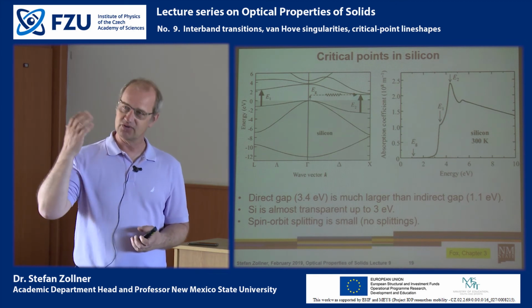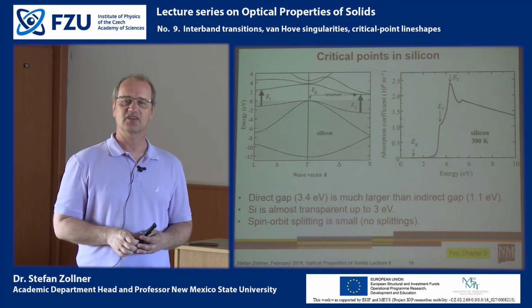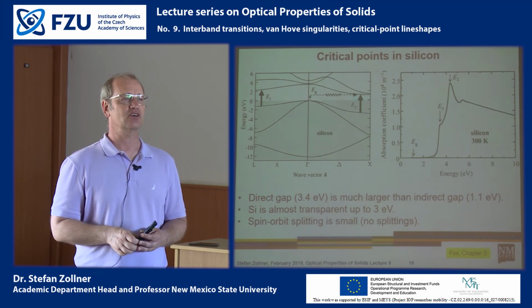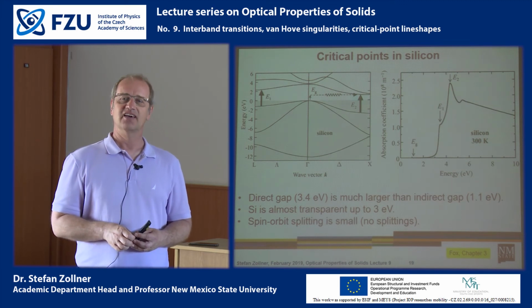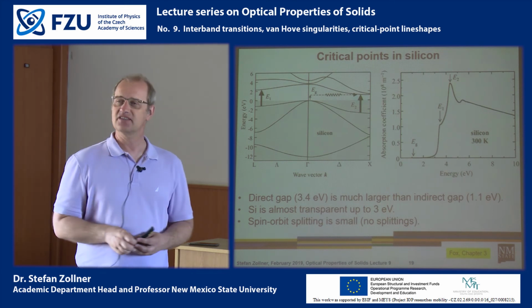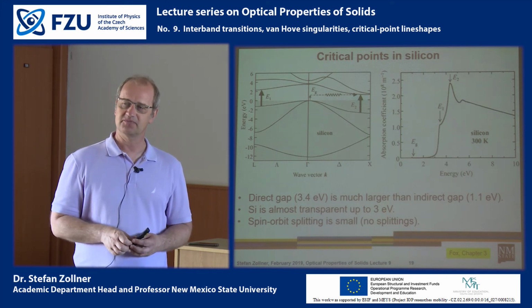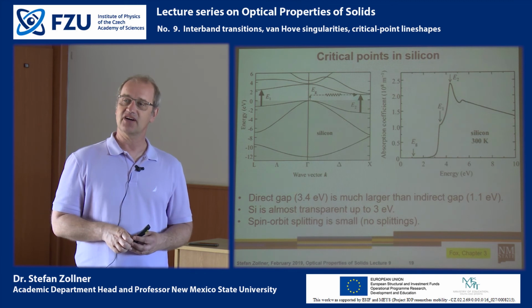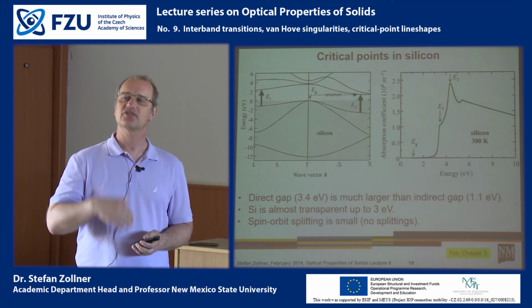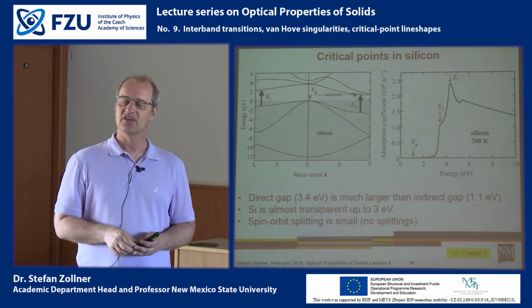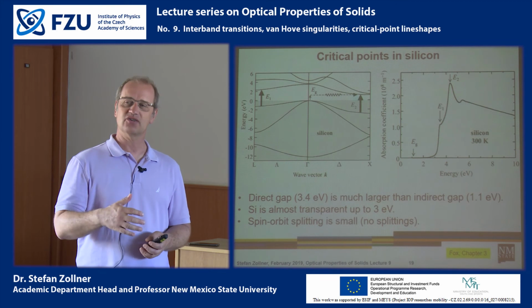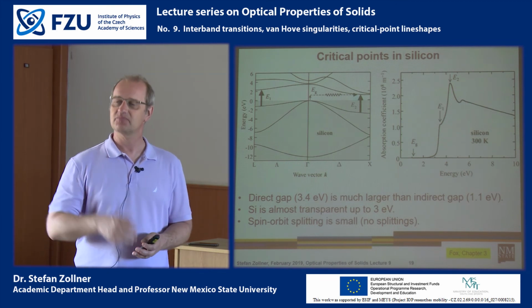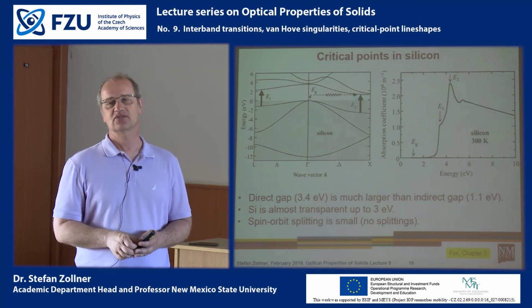There is a nitrogen purged instrument upstairs on the 3rd floor, where you can measure up to 8.5 electron volts. At 8.5 electron volts, magnesium fluoride starts to absorb. And magnesium fluoride is used for the polarizers, and therefore you cannot go higher. It is difficult to do ellipsometry with windows or anything else beyond 8.5 electron volts.